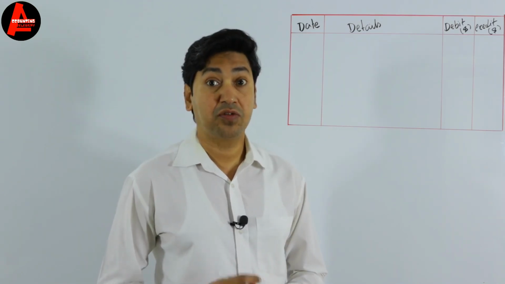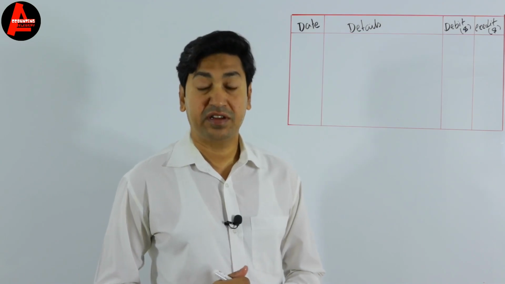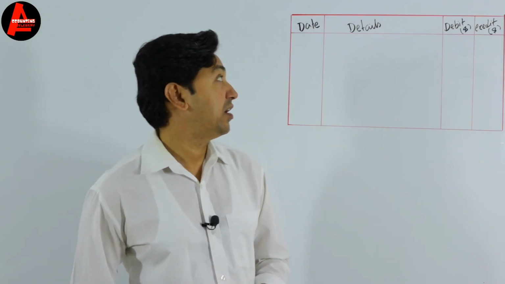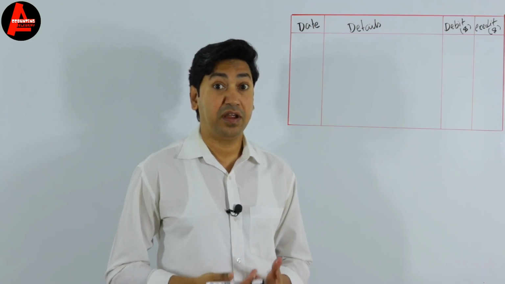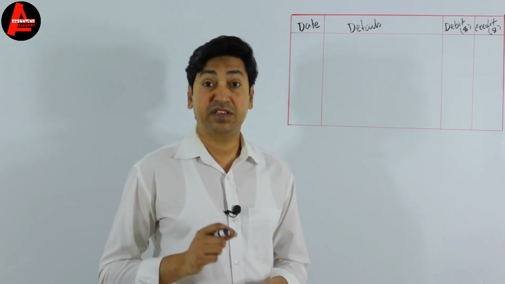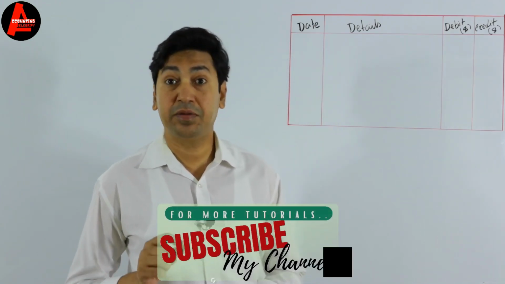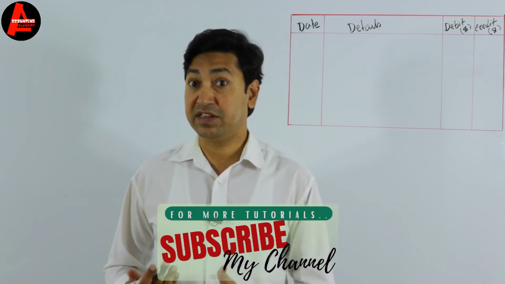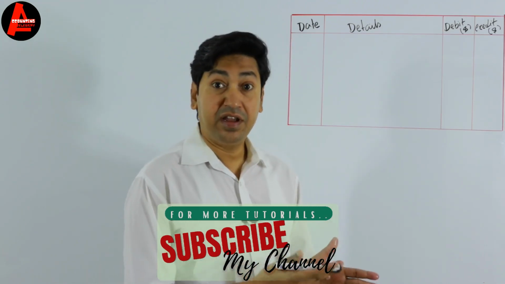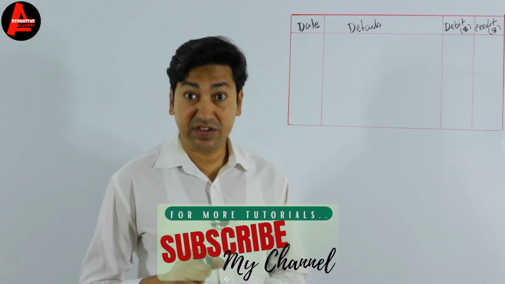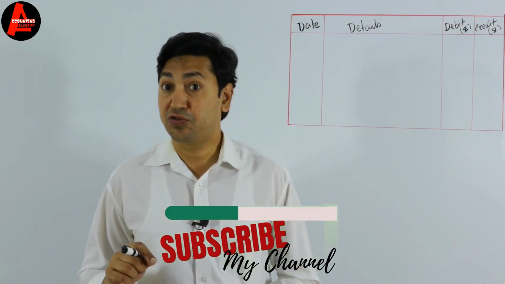I'll also show you how to prepare an extract from the income statement. Here irrecoverable debt is an expense. Expense is a normal debit account, with a debit balance. When expense increases, expense will be debited. When expense decreases, expense will be credited.